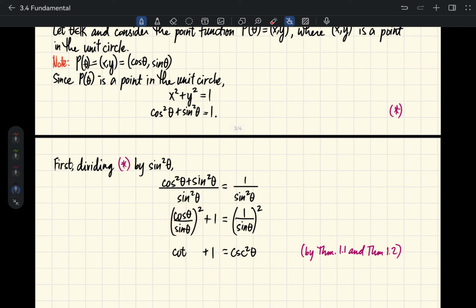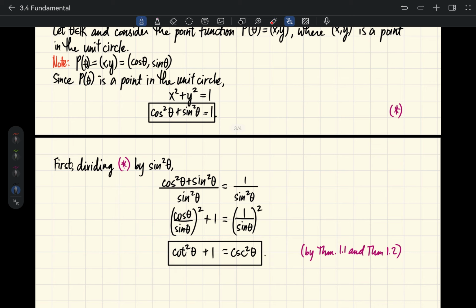So we have our second identity, which is this one right here. Let me box this one as well. So this one right here is your second Pythagorean identity.